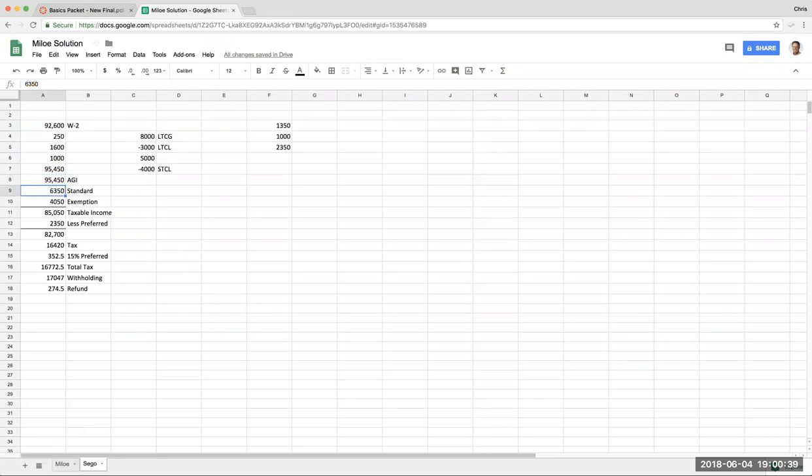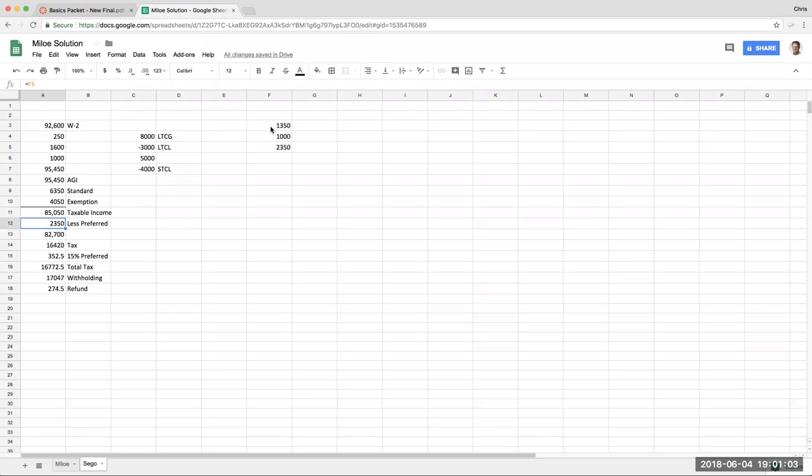But then it gets weird. We're taking away the standard deduction here and the exemption, so that gets us to the 8505 in taxable income. And now I'm going to use a big word here, and I apologize for that. I'm going to bifurcate the income. That is, I'm going to take away the things that are taxed at a preferred rate.